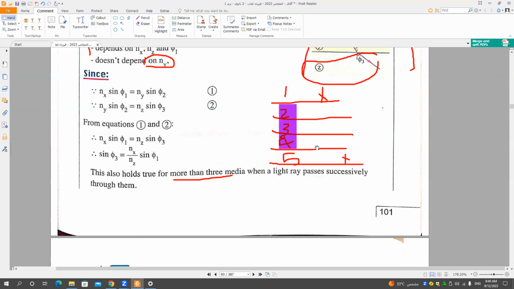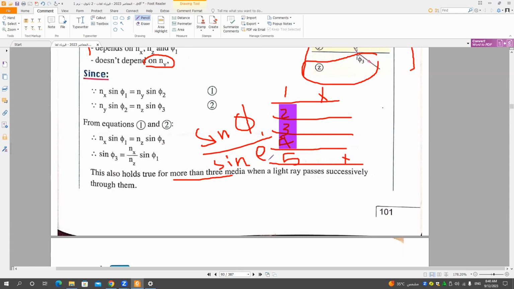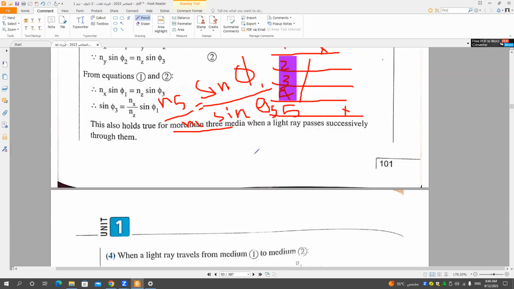So we can make a relation between sine phi 1 over sine theta 5 equals N5 over N1. All the media in the middle cancel each other.